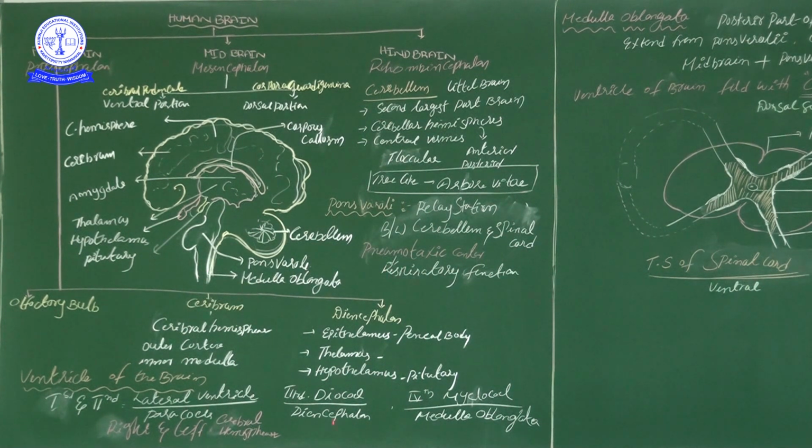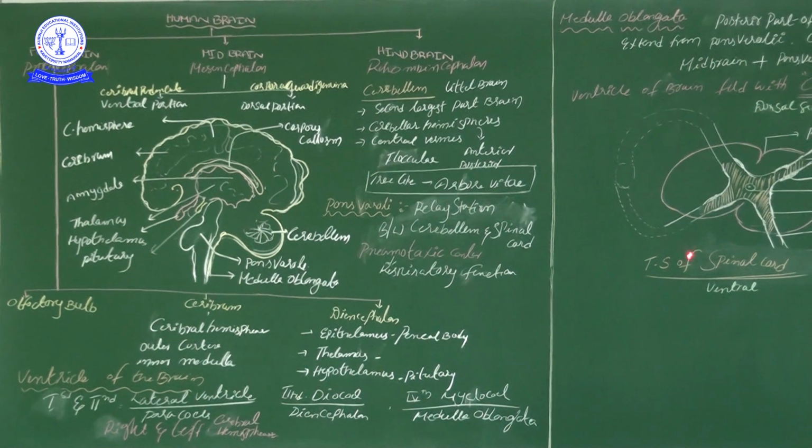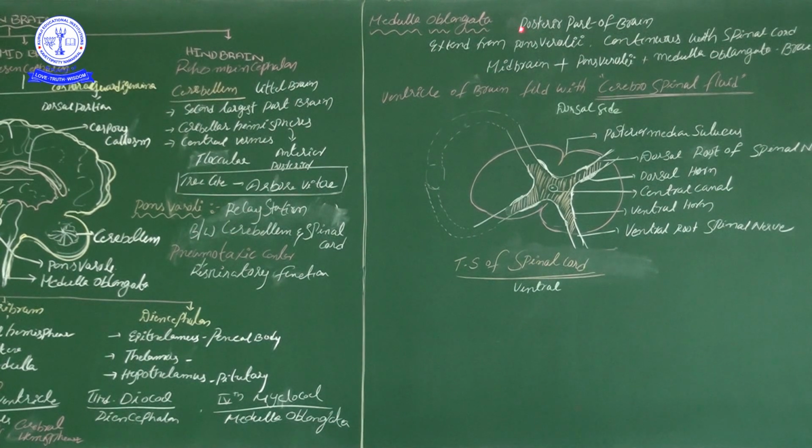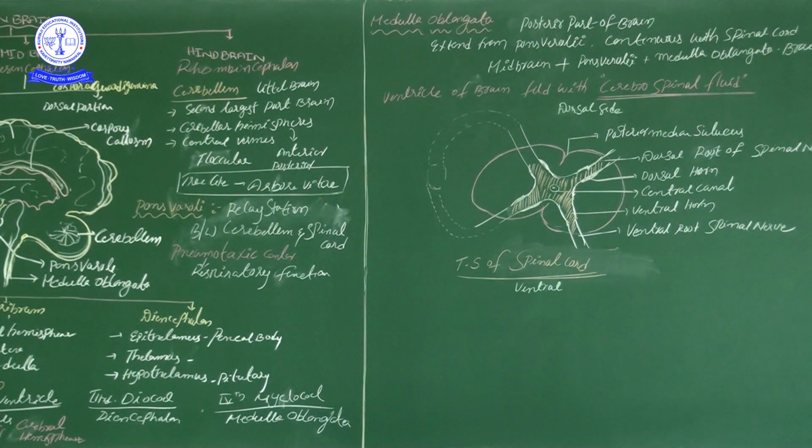Any fluctuation in respiratory rhythm, based on changing requirements for respiration, it will control. Okay, then next one, medulla oblongata. It is the third part of the hindbrain, and it is the posterior part of the brain.